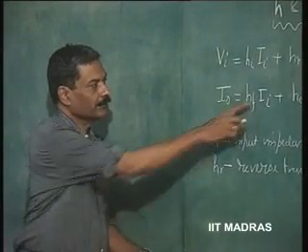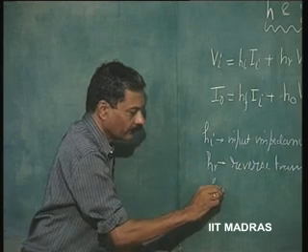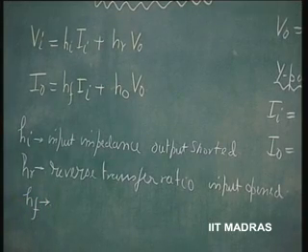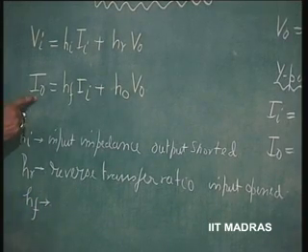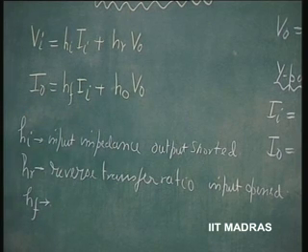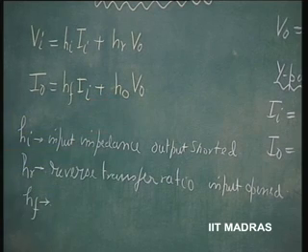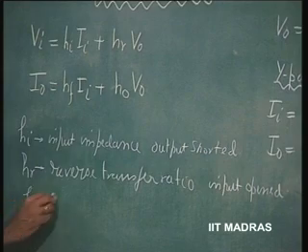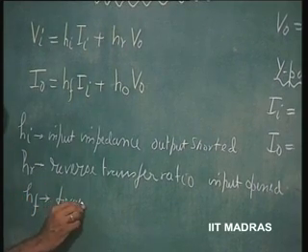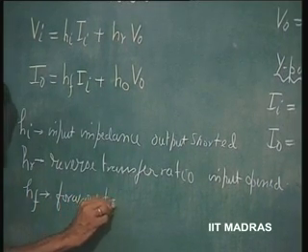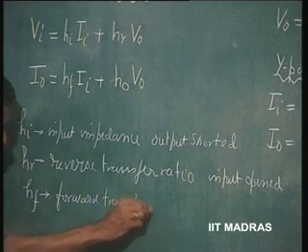Next, Hf. Once again, I naught and Ii are related. So, this is a ratio, but you can see here this is obtained when V naught is 0, that means output is shorted. So, this is a short circuit current gain. So, forward, this is a forward transfer ratio.